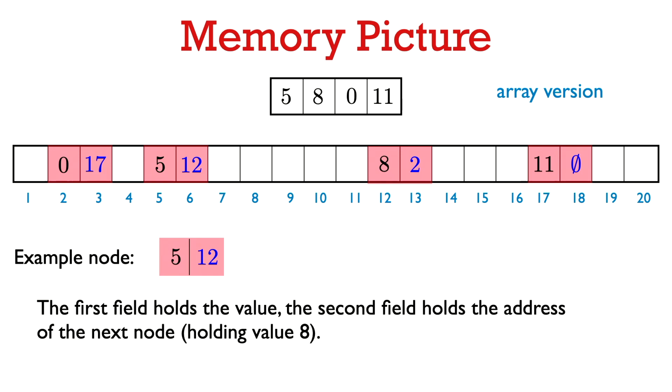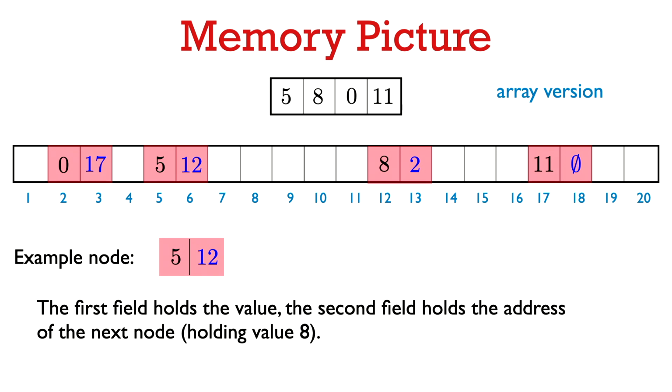The addresses are given by the tiny blue letters underneath the cells. In the second word, this node contains the number 12. So 12 is the address of the next node in the linked list. So if we go and look at address 12, we see that the data value there is 8. And 8 is the next item in our list, if you look at the array version of the list above.